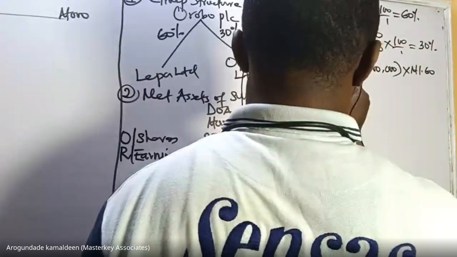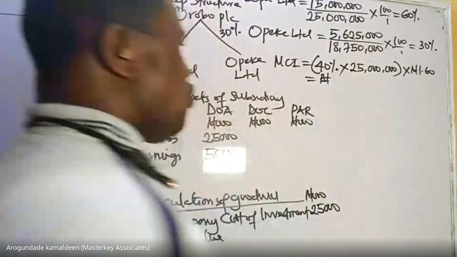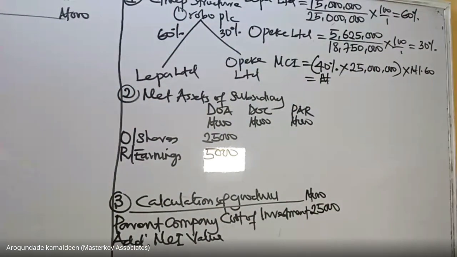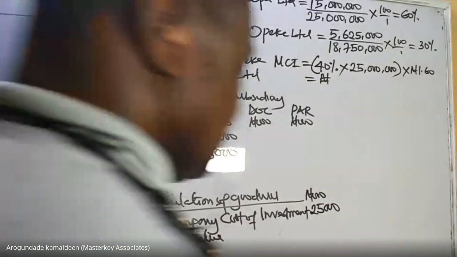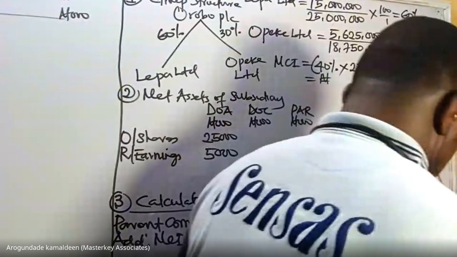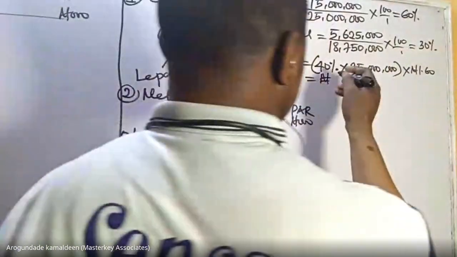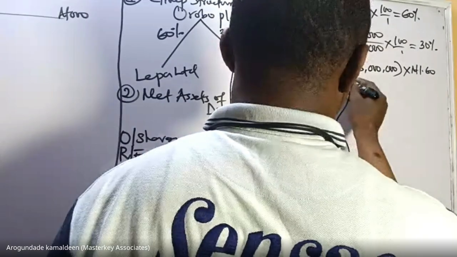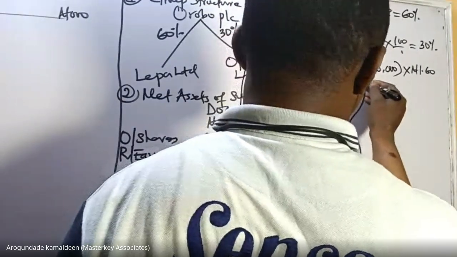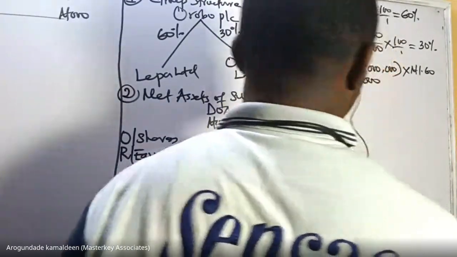So, class, what would that give us, please? 16,000. Okay, thank you. This is the value of the NCI on DOA.